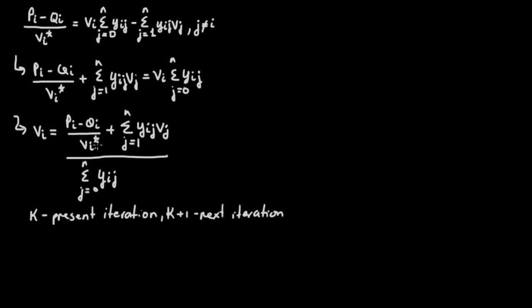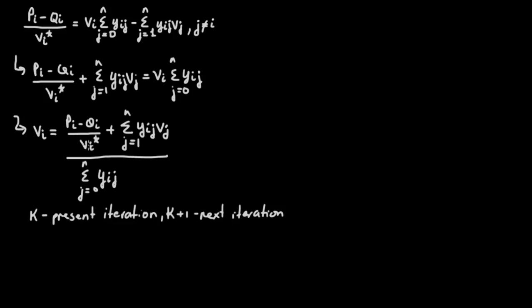For example, I'm going to rewrite this equation and put superscripts that indicate whether the value for Vi is the present iteration or the next iteration. Notice here that I have Vi equals this whole term over here, but in here I also have Vi. So obviously I can't solve for Vi if on the other side of the equation I also have Vi.